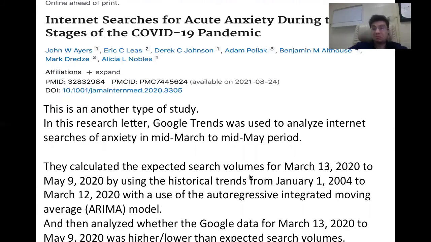This is another type of study. In this research, Google Trends was used to analyze the internet searches of anxiety in the mid-March to mid-May period of 2020.